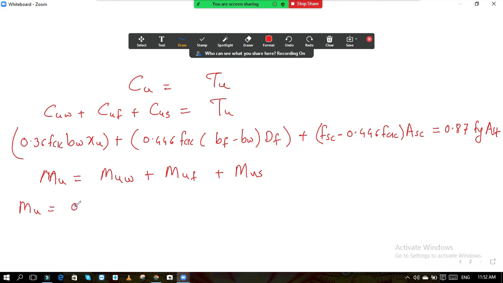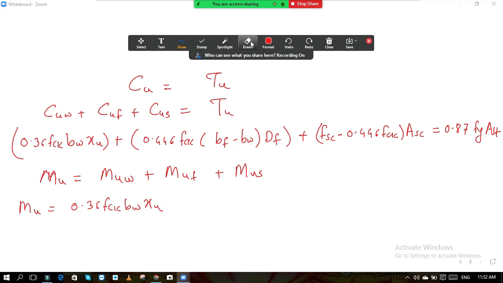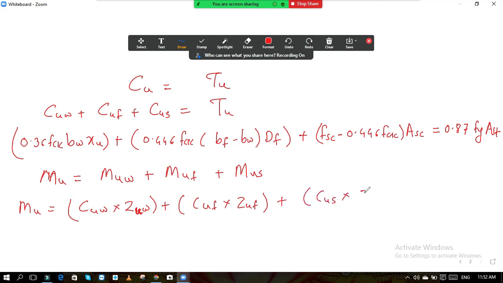Before writing the formula, so that things are easy: CUW into ZUW, plus CUF into ZUF, plus CUS into ZUS.